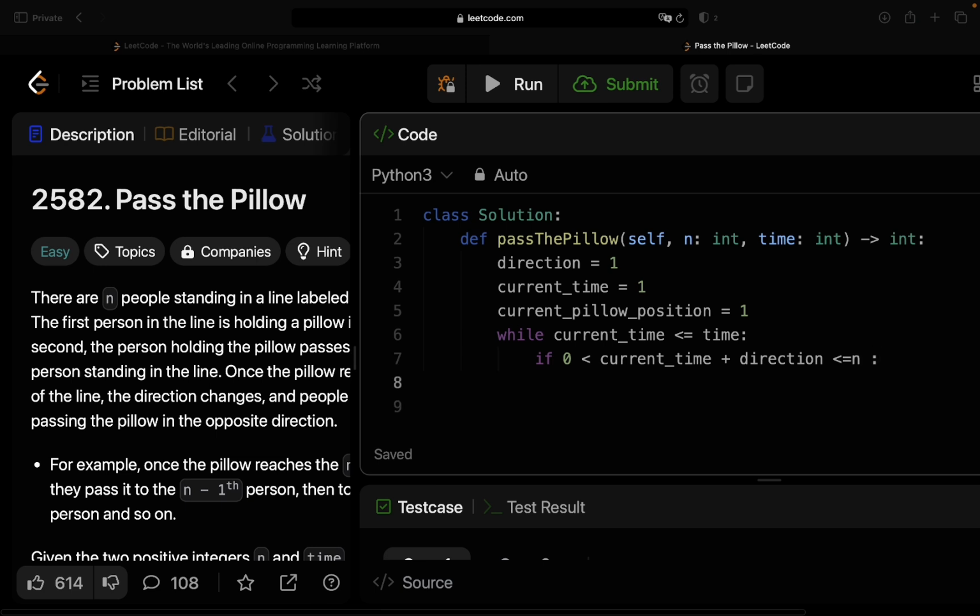So if this condition holds, it has to be current pillow position.